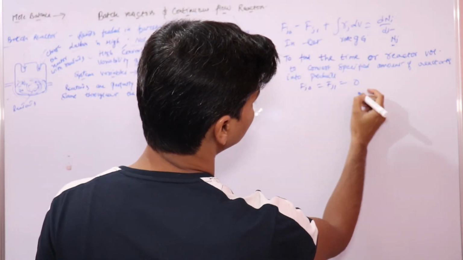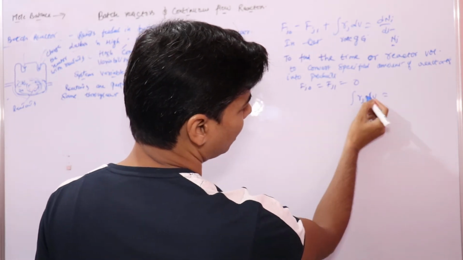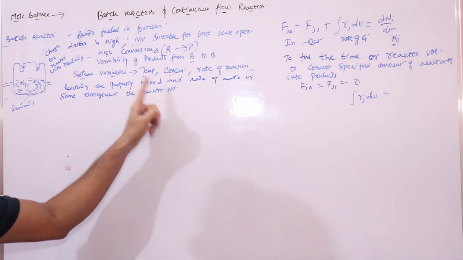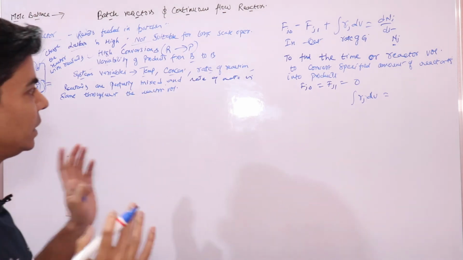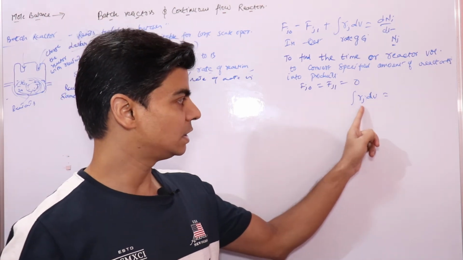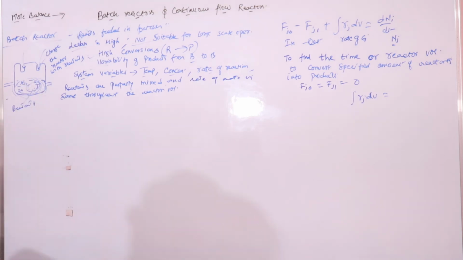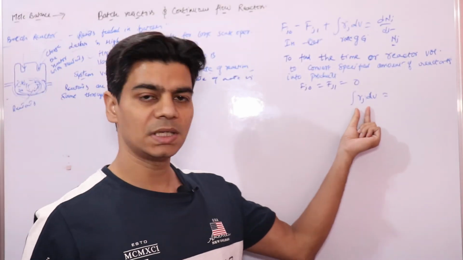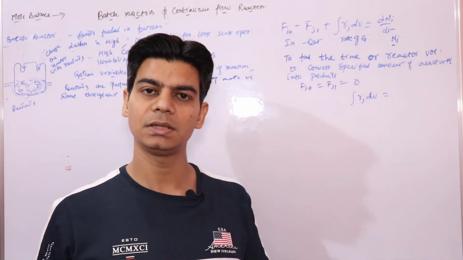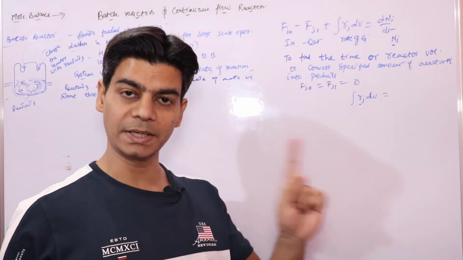Now we will consider this Rj dV. We said the reaction rate is the same, it's constant, throughout the reactor volume, so Rj is constant. We'll use the technique of integration.